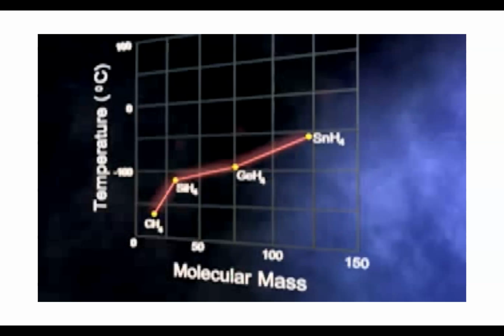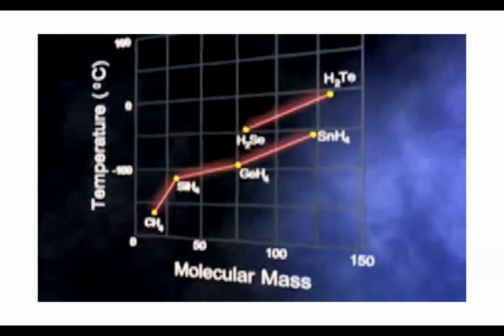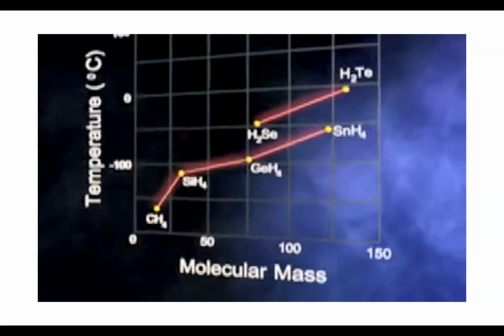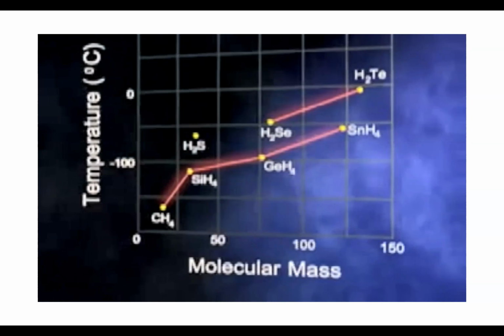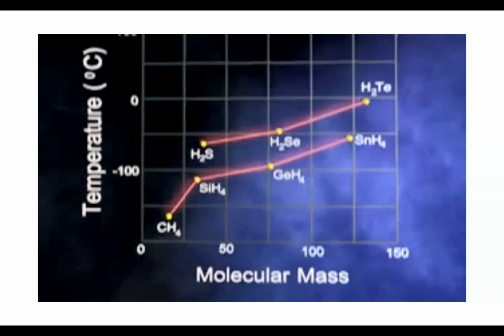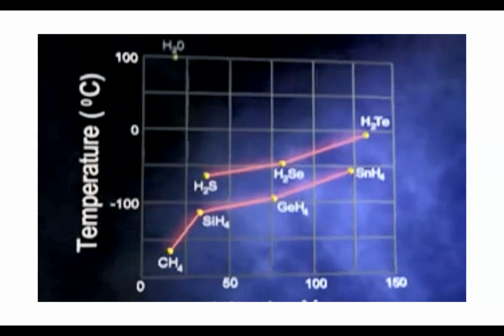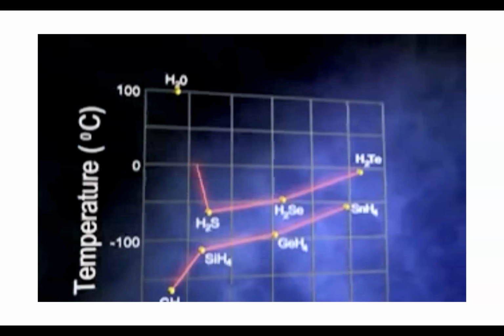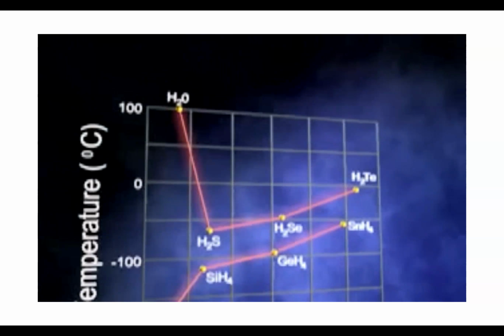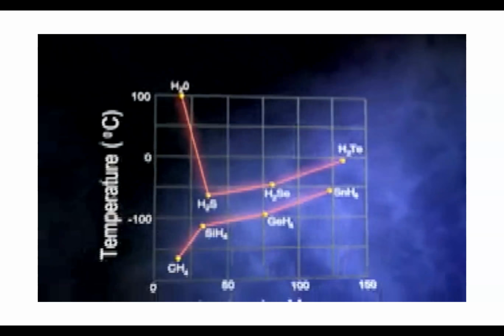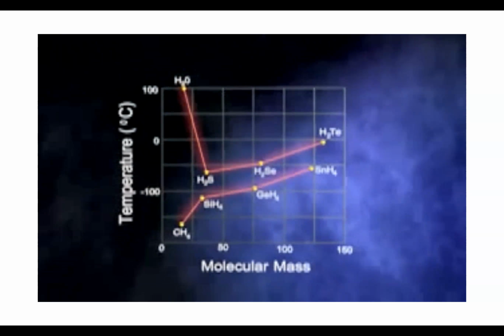Note, however, that in the series of group 6A hydrides, although the same boiling point trend is observed for the heaviest members of the series, the boiling point of water is anomalously high because more energy in the form of heat is required to break the hydrogen bonds and separate the molecules. The difference between the expected boiling point of water and its observed boiling point is due to hydrogen bonding.